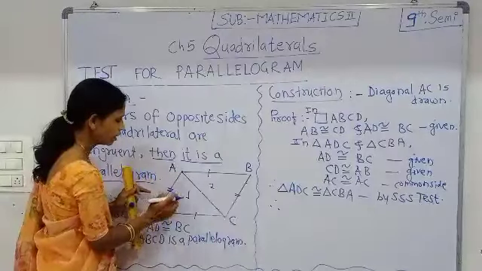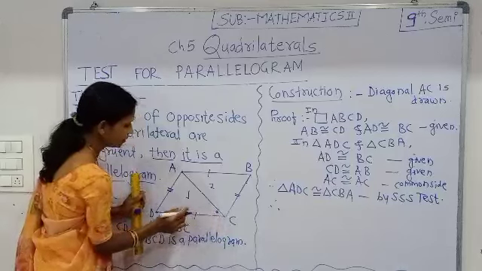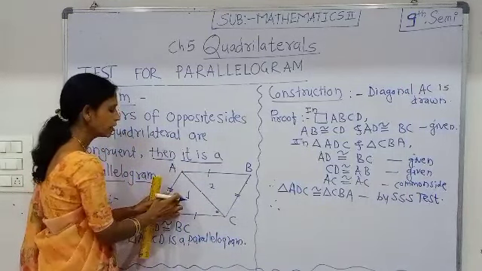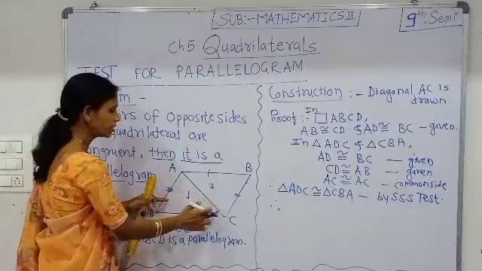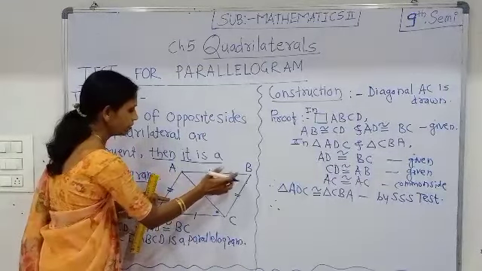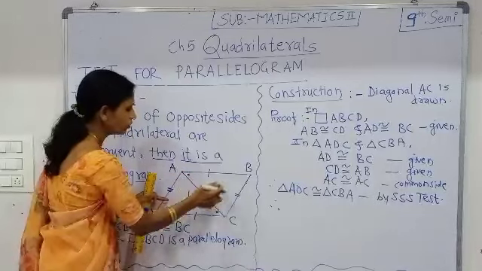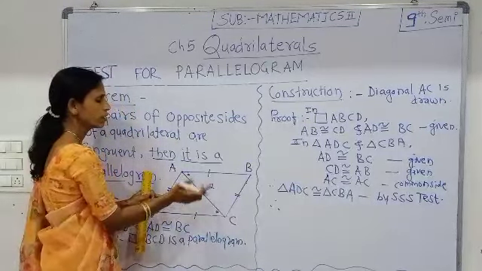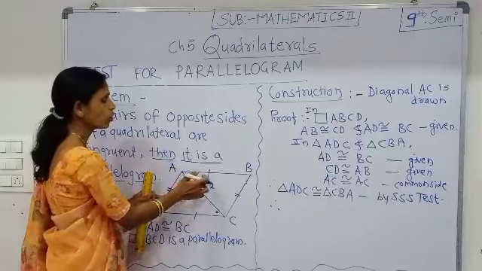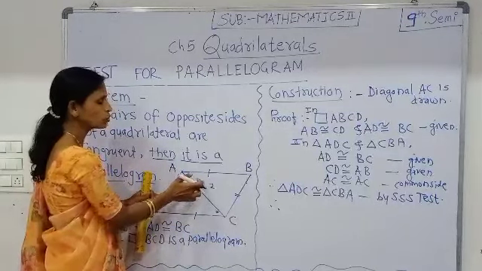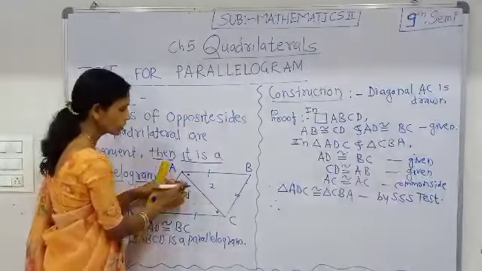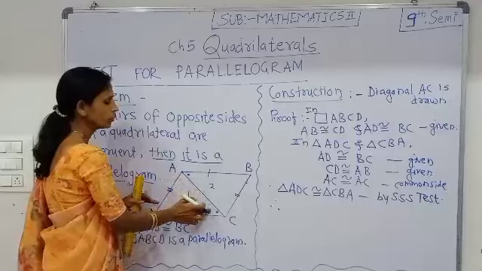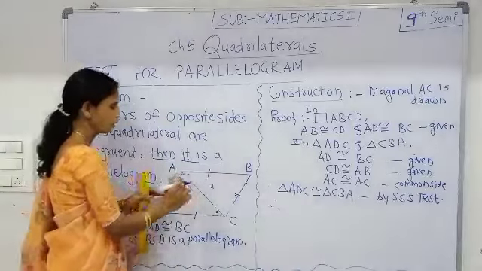That means this angle, angle DCA of triangle CDA, and this angle of triangle CBA are congruent because these are corresponding angles of congruent triangles. Then, those two triangles are congruent. Therefore, those two angles are corresponding angles of those congruent triangles.